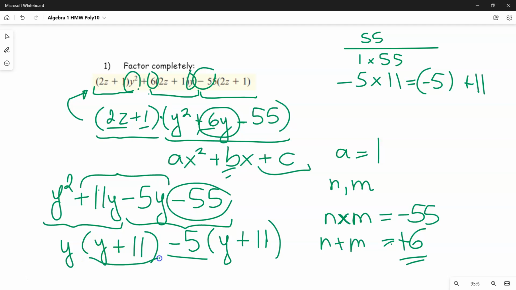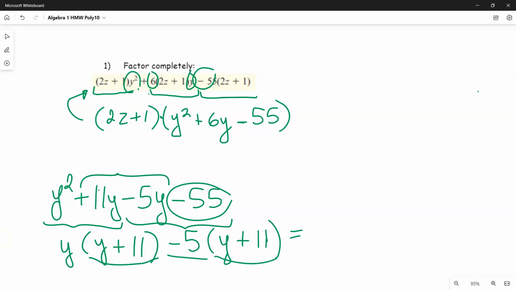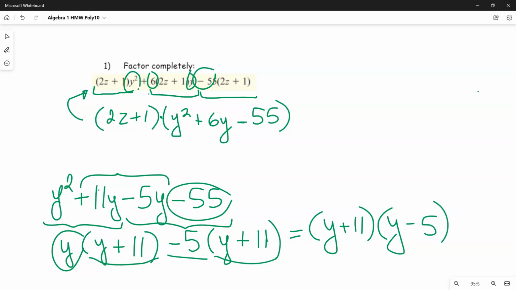Now we can notice that they share y plus 11. So we can rewrite it as y plus 11 as the greatest common factor times whatever is left here, y minus 5.